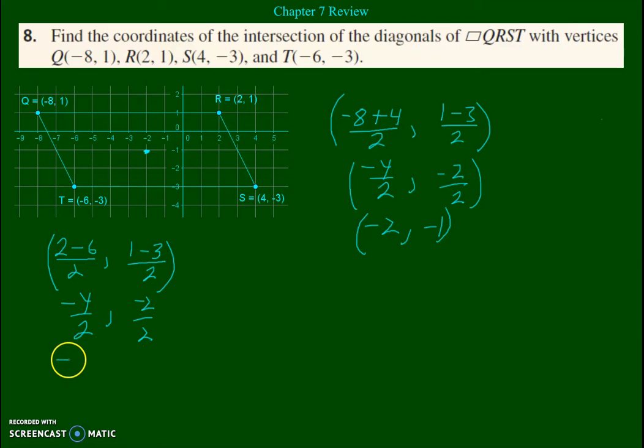So yes, in fact, we have -2, -1 as our midpoint. And we confirm that this is the point of intersection of both of our lines. So we can go ahead and, just for kicks, draw that in. And we'll have 1 there, and 1 there. And there's our point of intersection. Now on to problem 9.